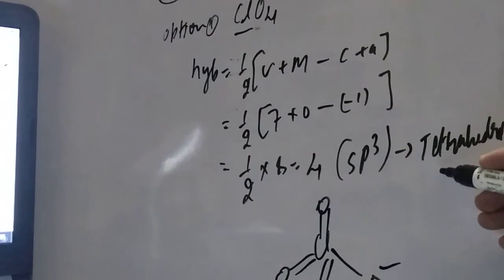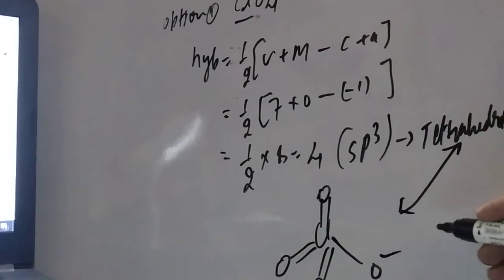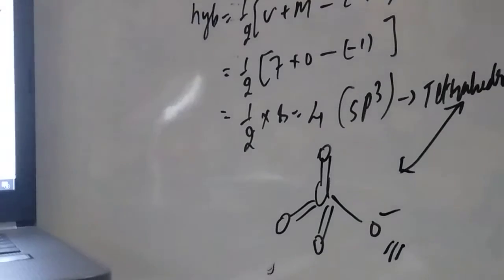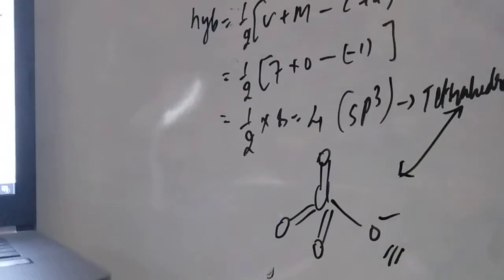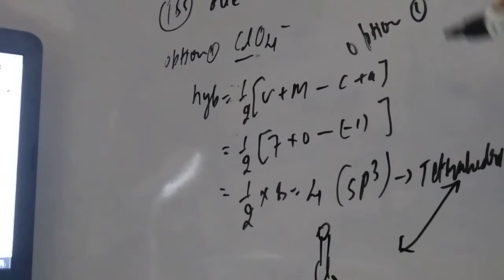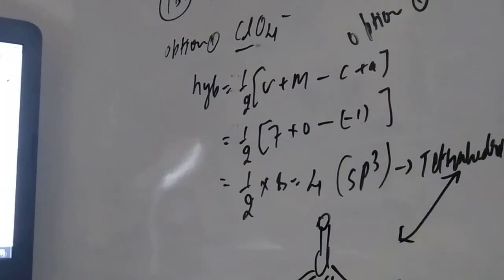So here you see, students, the orientation and shape are both the same, tetrahedral, in the case of ClO4 minus. That is why the correct option will be option number 1. Because of lack of time, students, we are not discussing the other options, but if you are getting confused, I will discuss the other options also.